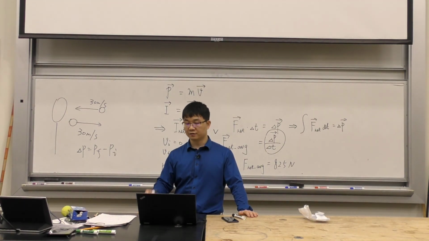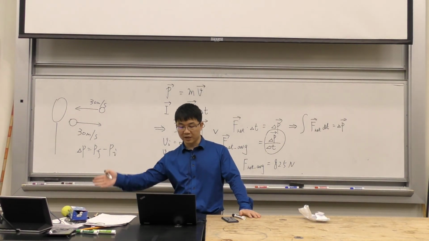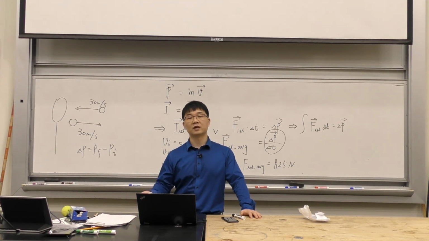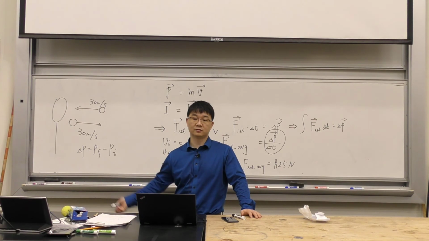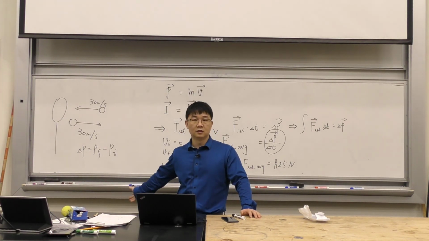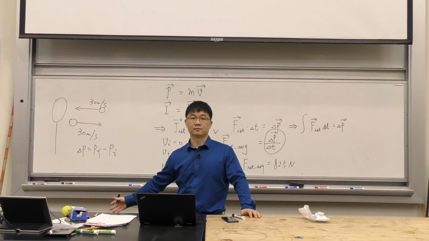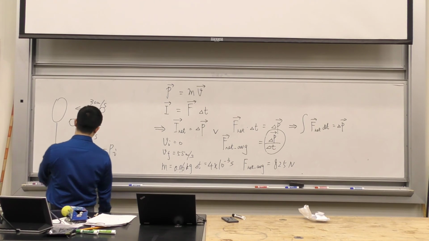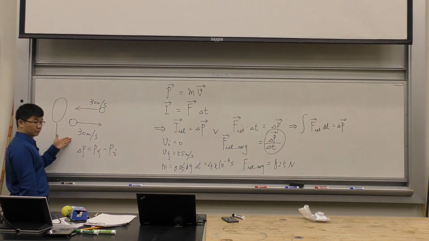I'm not going to plug in 30 meters per second to the left, 30 meters per second to the right. I can't do that with the equations. I can't tell the equations, okay, this is a number to the left, this is a number to the right. You have to give them signs. So you're going to decide the positive direction and negative direction here.